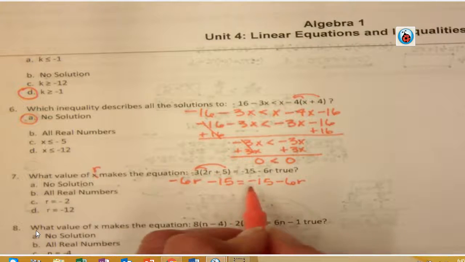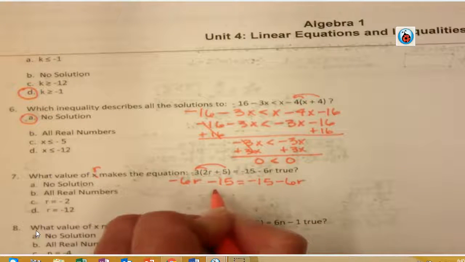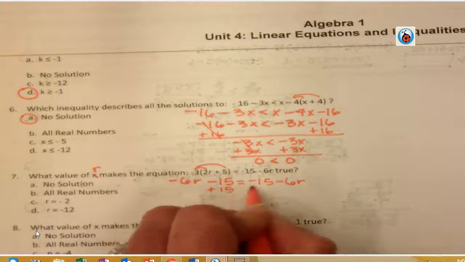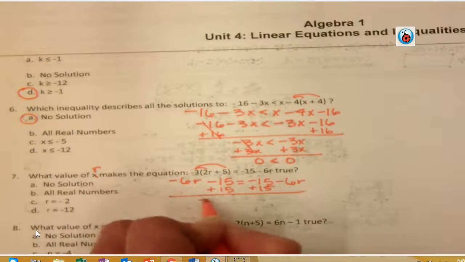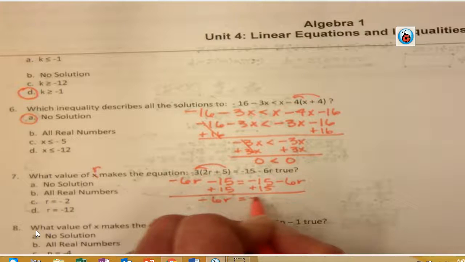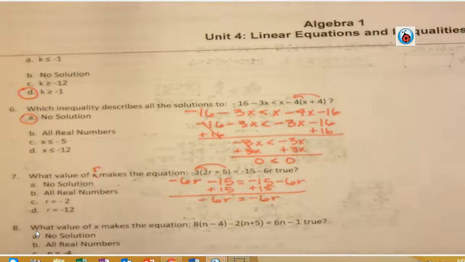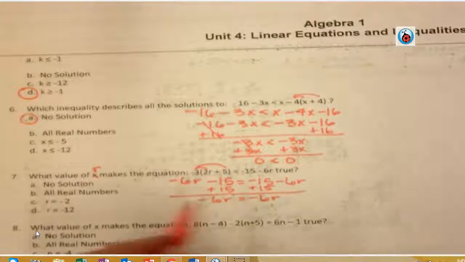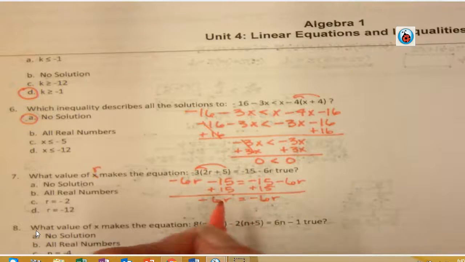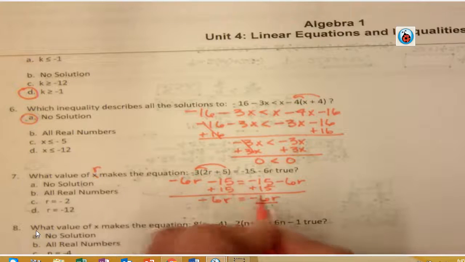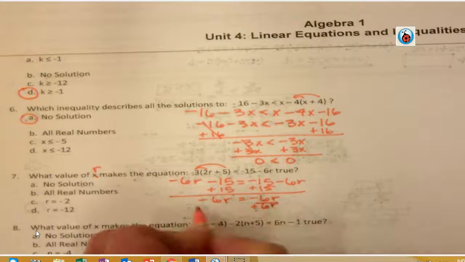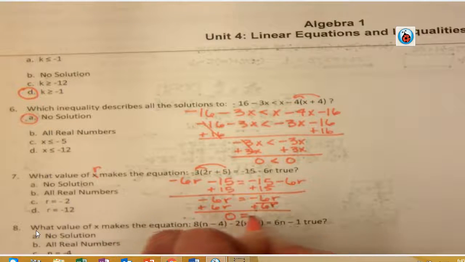So again, I'm going to add 15 to both sides. I get -6r equals -6r. I'm starting to see something, but I want to make sure I finish it to the end. If I add 6r, add 6r, I get 0 equals 0.